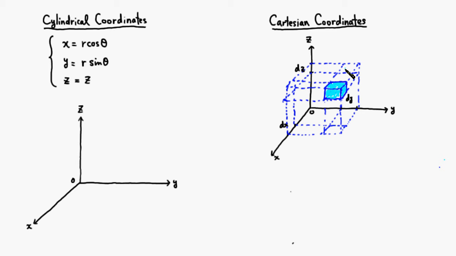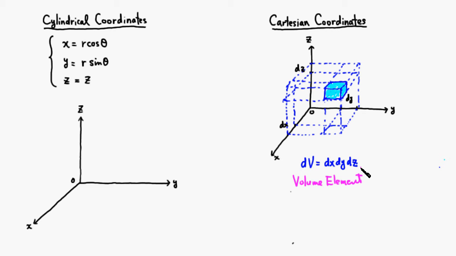But since it's just a box, the volume dV is going to be simply dx times dy times dz. So that's the volume element.